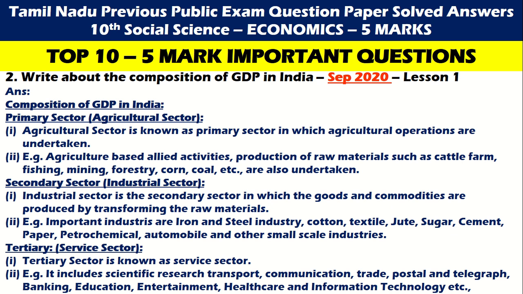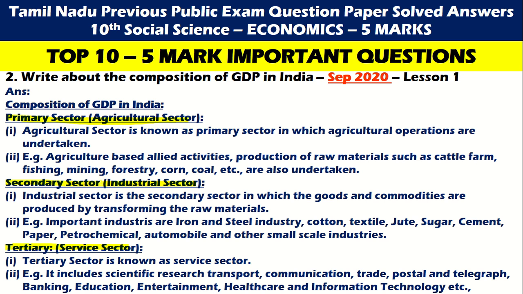Let us go to the second question. Write about the composition of GDP in India. The composition of GDP in India has three sectors: primary sector, secondary sector, tertiary sector.